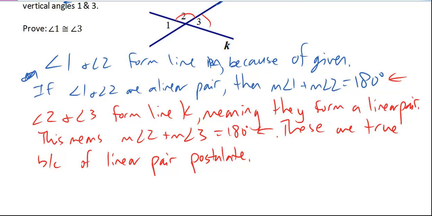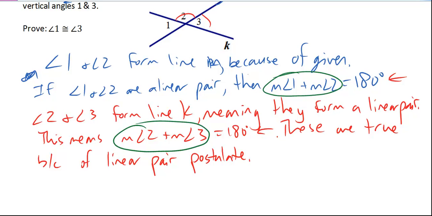And so here's a great thing that hopefully we can notice. If 2 and 3 add up to 180 and 1 and 2 add up to 180, that means they must be equal. And I want to make a quick analogy. If I said that me and Joe combined have $100, and me and Jim combined have $100, then what does that mean about Jim and Joe?